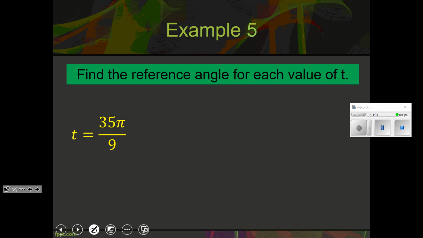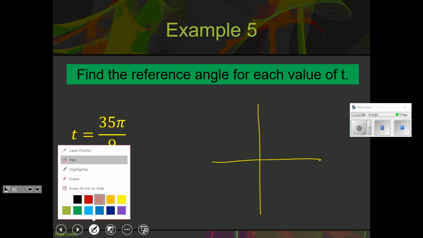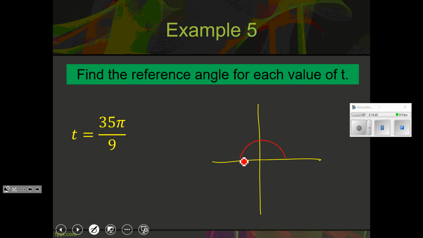So I'll give you a couple minutes. All right. 35 pi over 9. So which way are we rotating? Counterclockwise. All right. So let's start counting. So how much do we have here? 9 pi over 9.